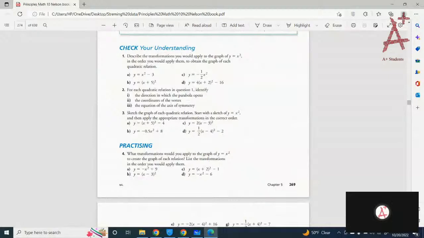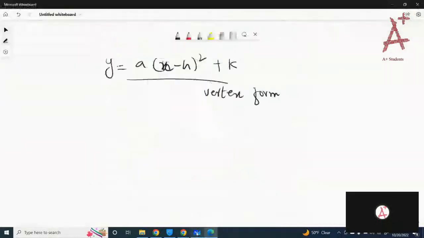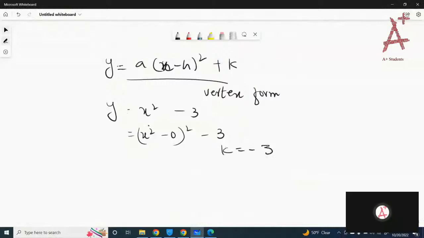Okay, the first one is y equals x square minus 3. Basically, in this case, the h value is 0. Got it? You can compare like this. This is the value of k. k is negative 3. Got it?